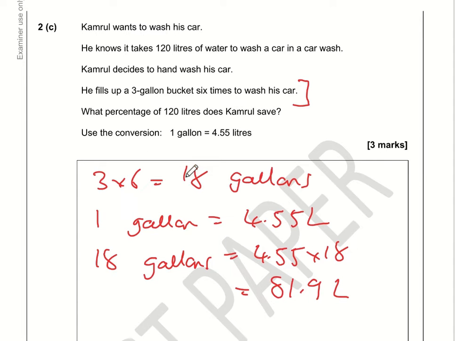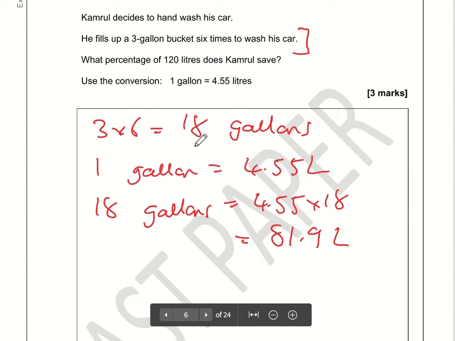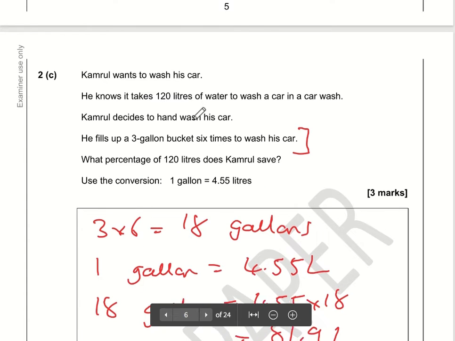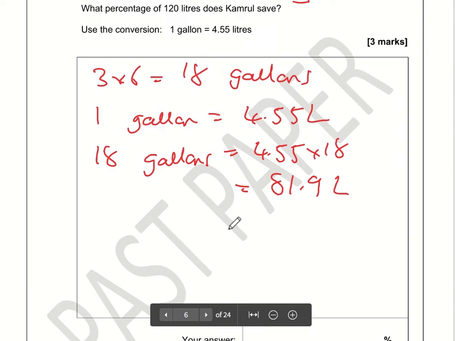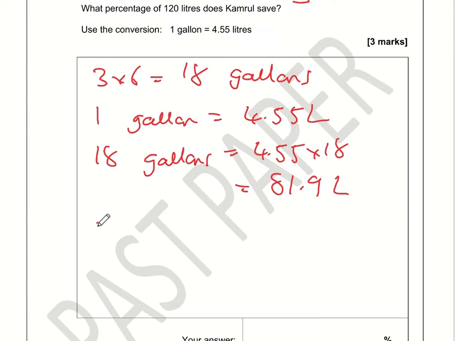So he has saved some water there, of course. Normally it's 120. He's now using 81.9. So what is the difference? 120 take away 81.9 is 38.1 litres.